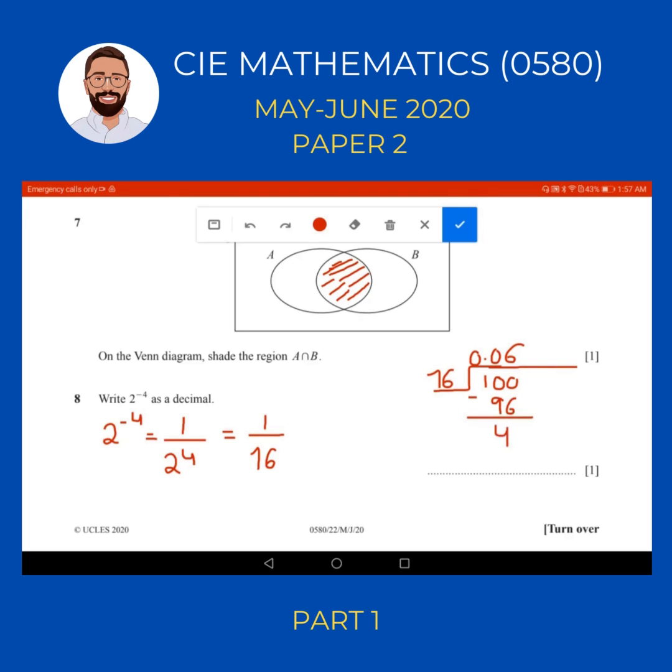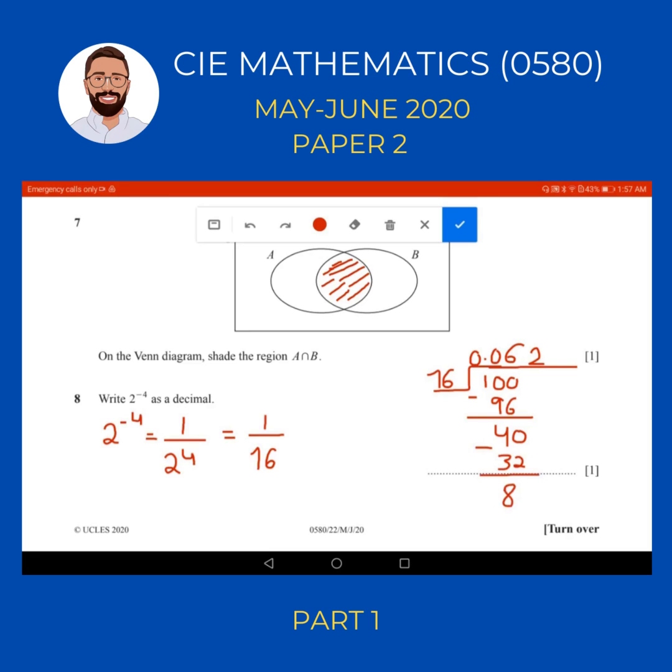Again, 4 can't be divided by 16, so I need to add a 0. Now, a number, when I multiply it by 16, the answer is 40. I don't have that number, but the closest to 40 is 32, which is 2 times 16. So 2 times 16 is 32, and I subtract. 40 minus 32 is 8.